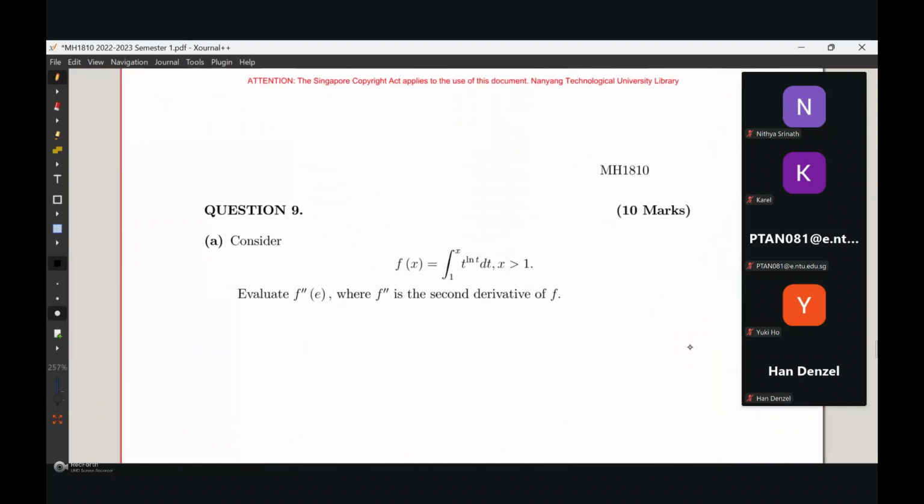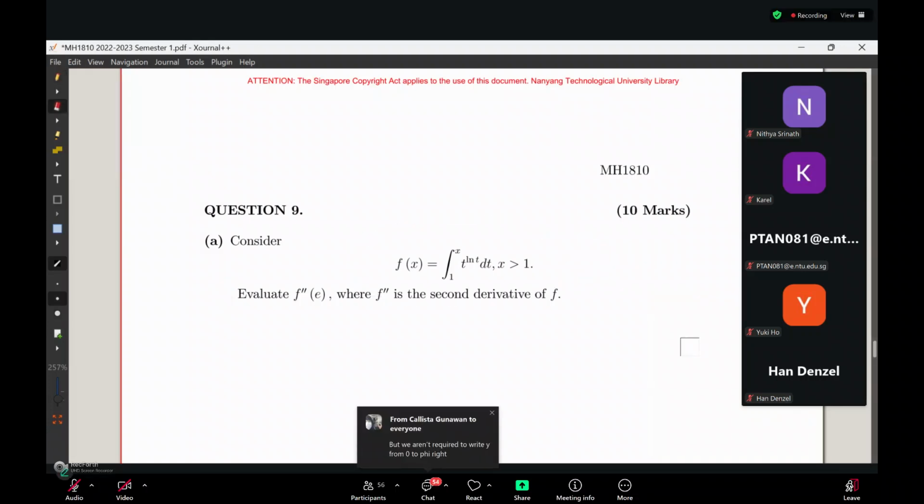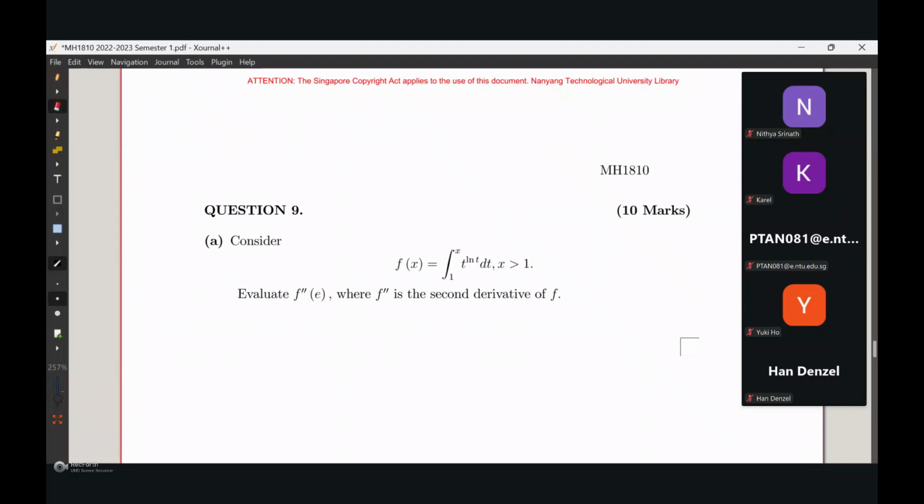Question 9. f(x) is equal to the integral from 1 to x of t to the power ln t dt, for x more than 1. Straight away, you should know you are going to differentiate this to find the second derivative. So we are going to apply the fundamental theorem of calculus.